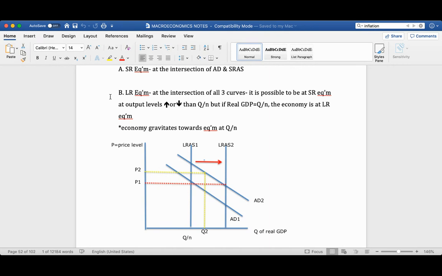It is possible to be at short run equilibrium at output levels either above or below our potential real GDP. But if real GDP, what's really happening today, equals our potential real GDP, then the economy will be at long run equilibrium. And we say that the economy gravitates toward equilibrium at the potential rate of real GDP.